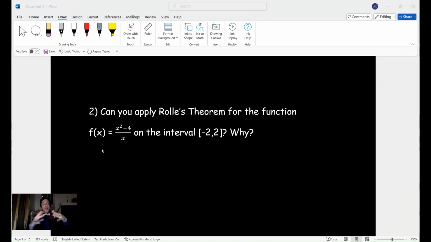Now, what about the differentiability? Well, the issue is if it's not defined at x equals 0, then it cannot be differentiable on negative 2, 2.